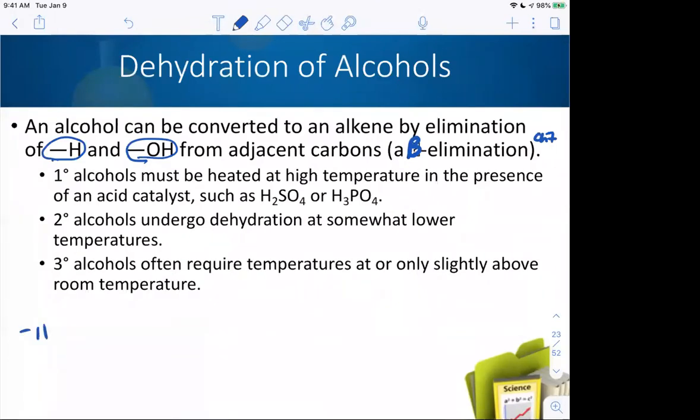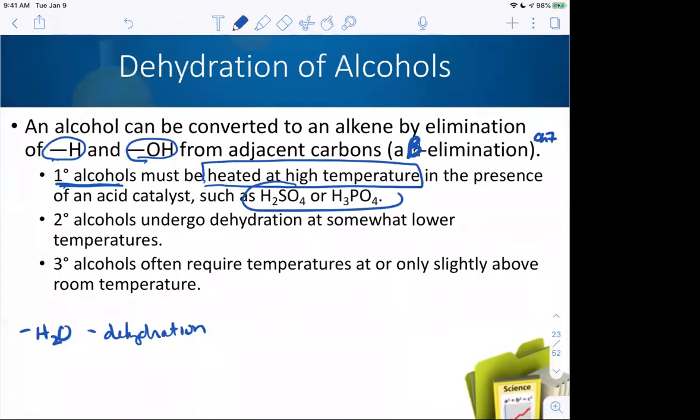Basically, I'm eliminating water, hence the dehydration, right? For this to happen with primary alcohols, I have to have this alcohol heated at very high temperatures, and I have to have an acid catalyst like sulfuric acid or phosphoric acid.